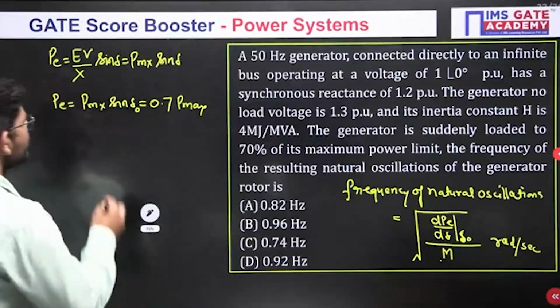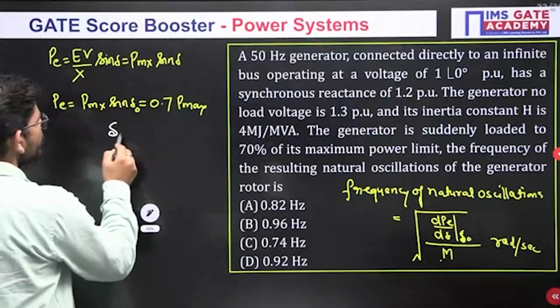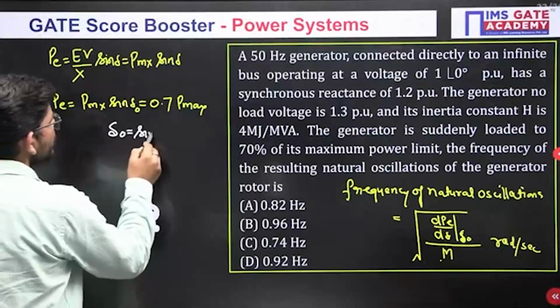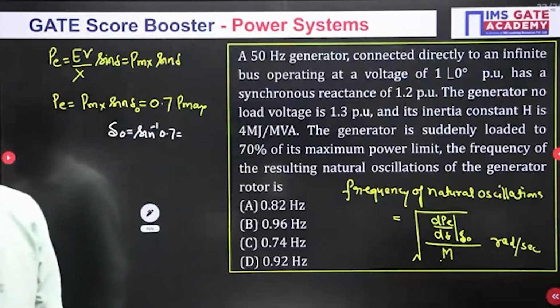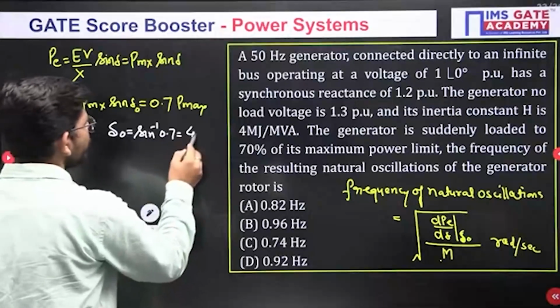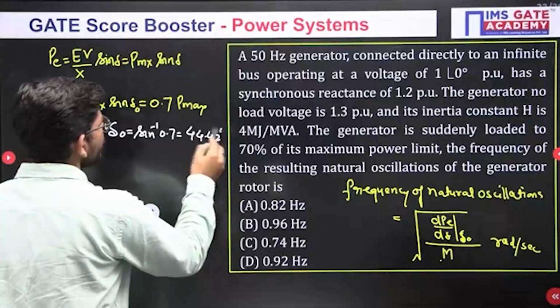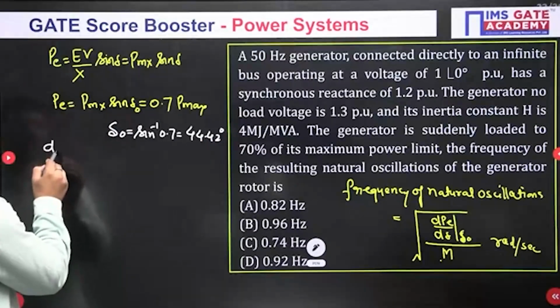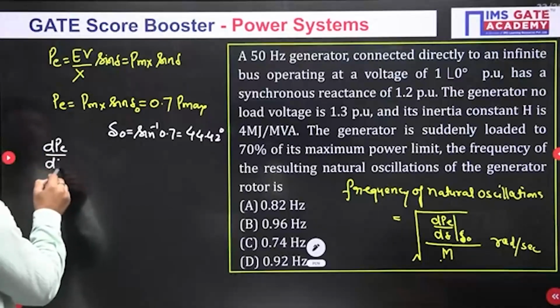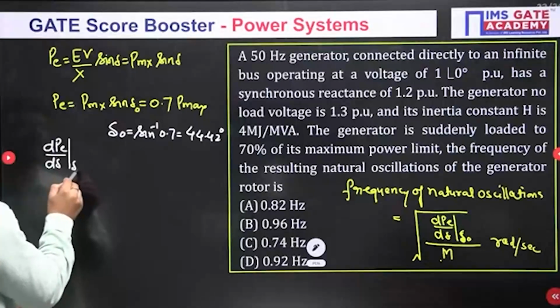When you apply this, you will get the value of del naught. So what will be the value of del naught? Sine inverse 0.7, and after that you will get 44.42 degree. Now we need to calculate the value of dP upon d del at del naught.